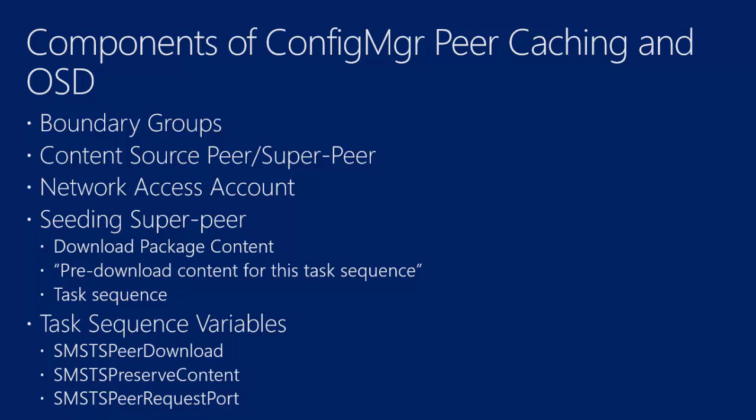So there's two ways to think of using the pre-download option. Again, this was designed for and thought of and documented actually to be used with upgrade task sequences, right? I'll talk about that just a little bit.